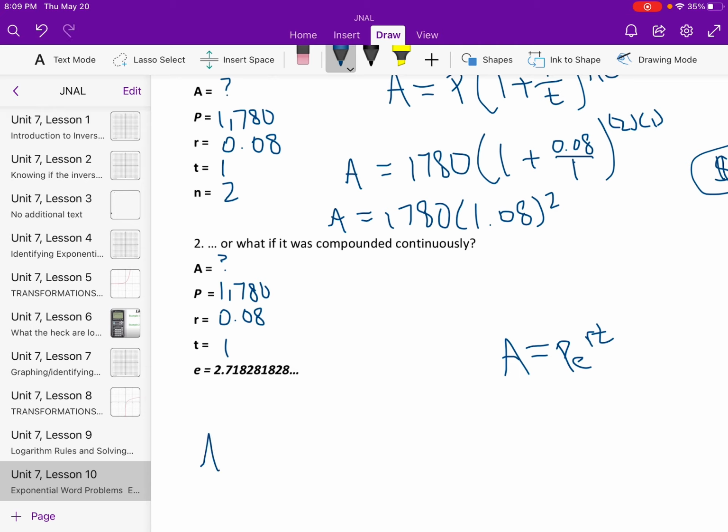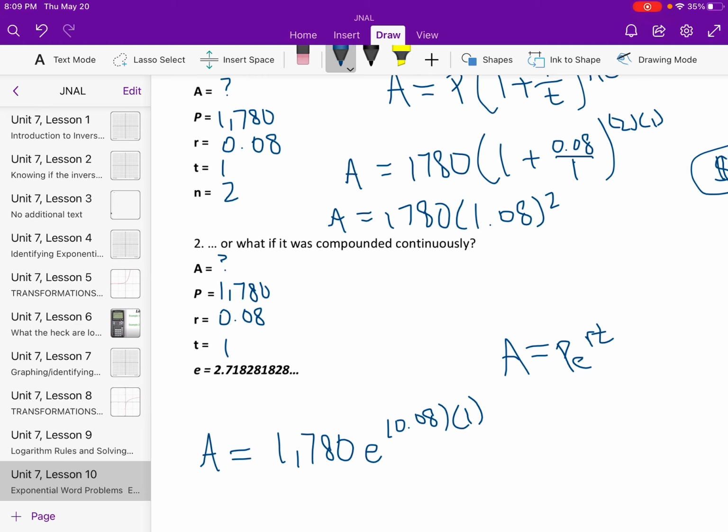So we're going to plug in our values: P times E to the power of 0.08 times 1, which is really just 0.08.